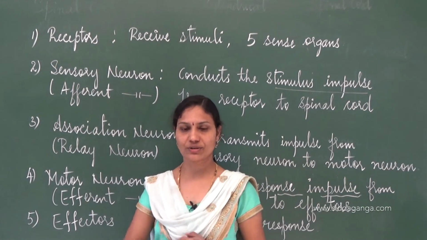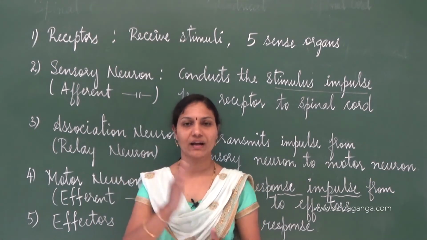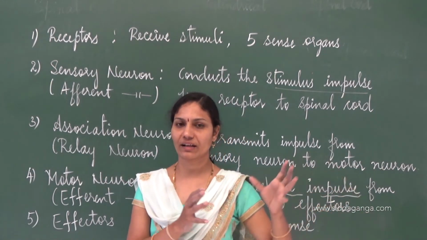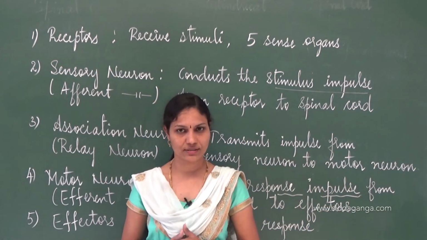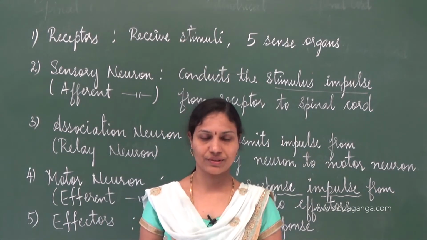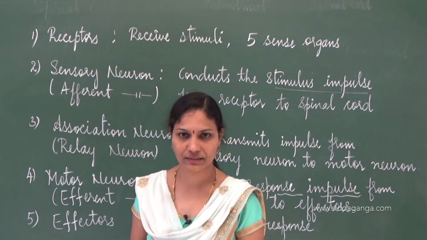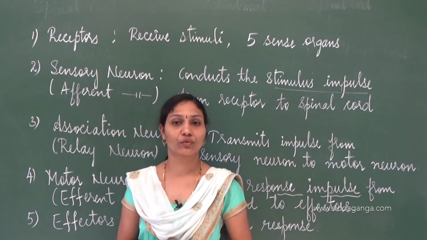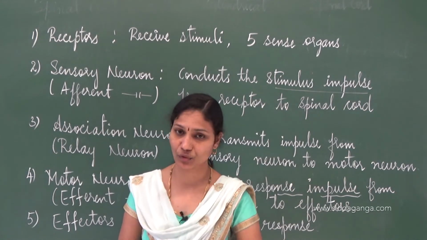The brain has several parts, and each part is involved in a particular task. Some parts of the brain are involved in voluntary actions, some parts in involuntary actions. Respiration, heartbeat, blood pressure, all these things are not under our control. They are involuntary in nature and are very much needed involuntarily.